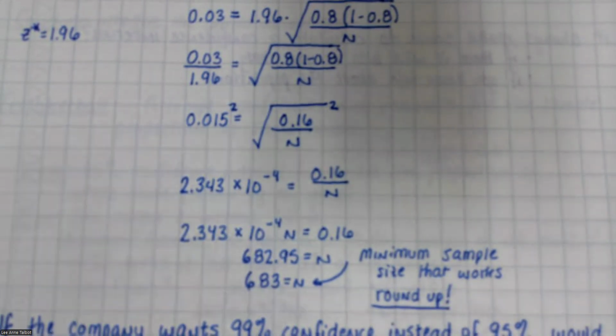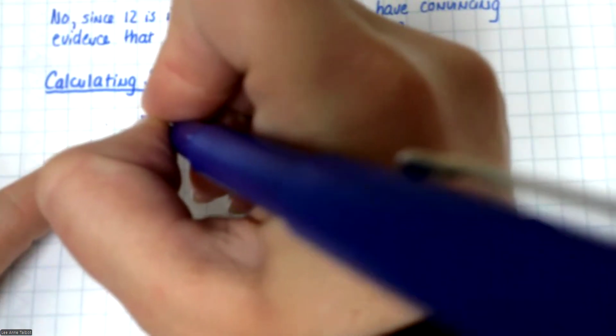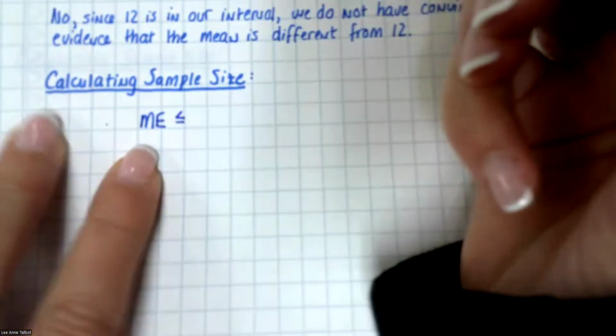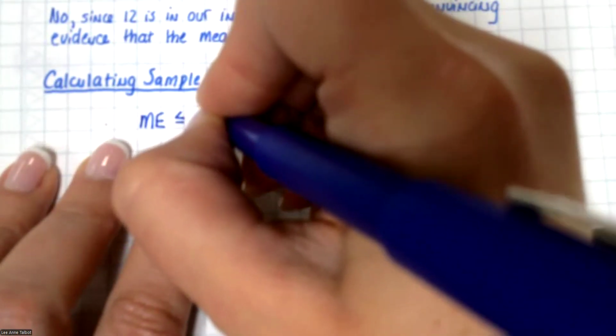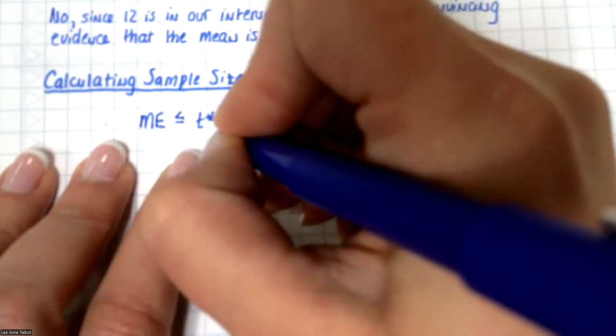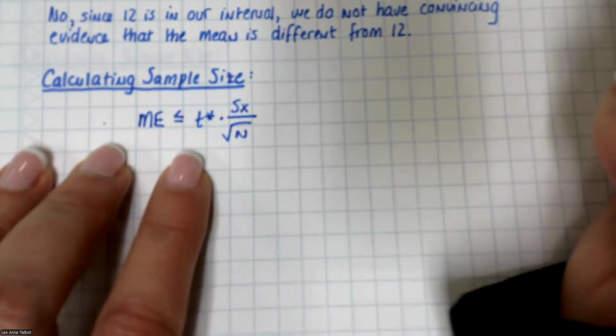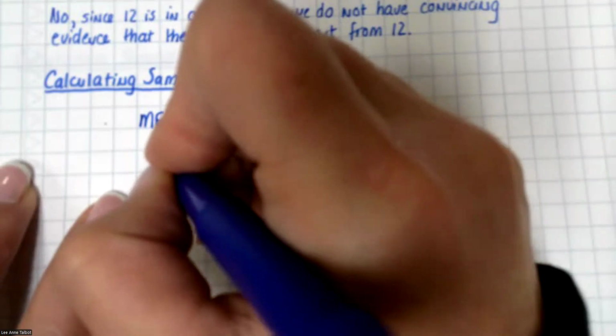These are simpler because the algebra is simpler. So what we're going to say is margin of error is less than or equal to critical value times sample standard deviation over the square root of n.